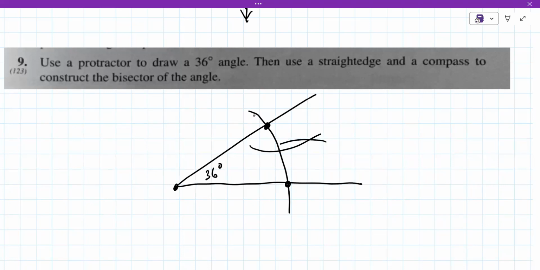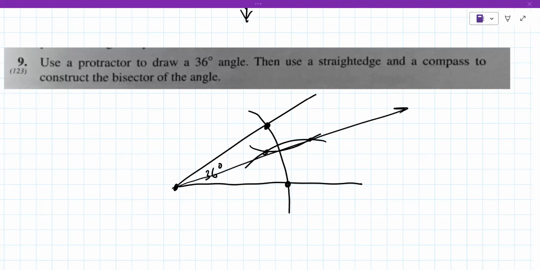Go here and swing the same arc like that. And these points end up creating the midpoint between there. So that's going to be 18 degrees, obviously.